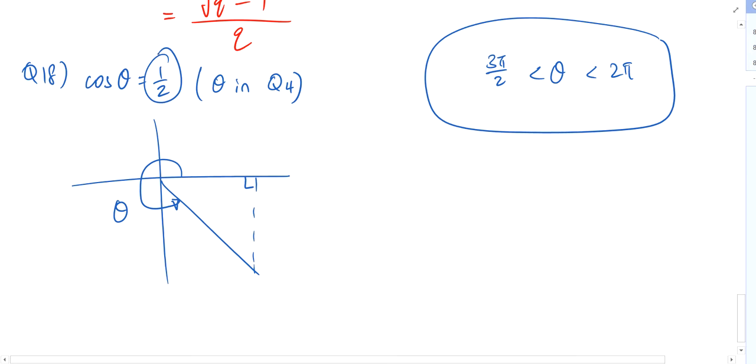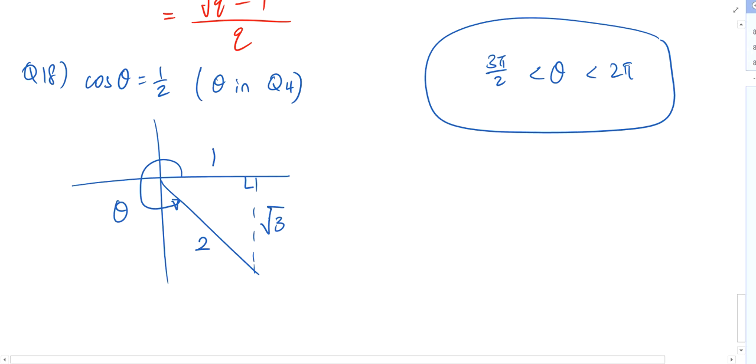Right? So, what is this value here? This is the x value, so it is 1. What is the radius? According to the question, it is 2. So this must be 2. And what is this last side? Square root 4 minus 1, square root 4 minus 3. You can do it immediately.